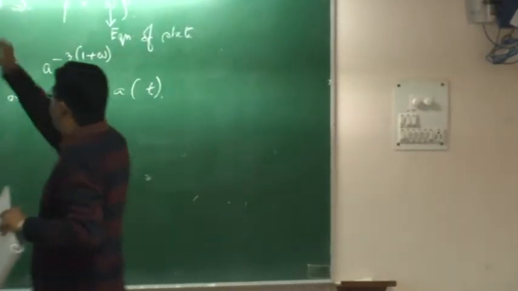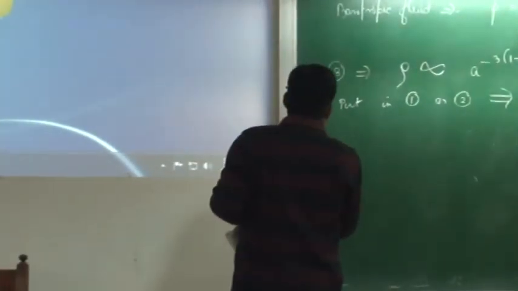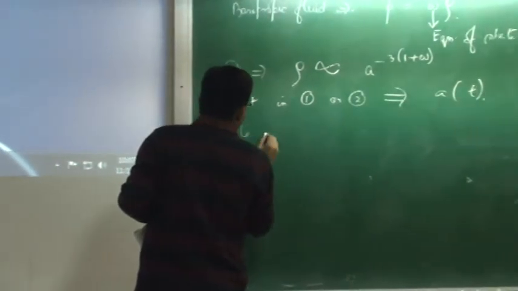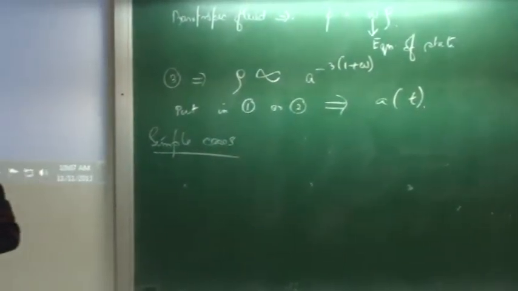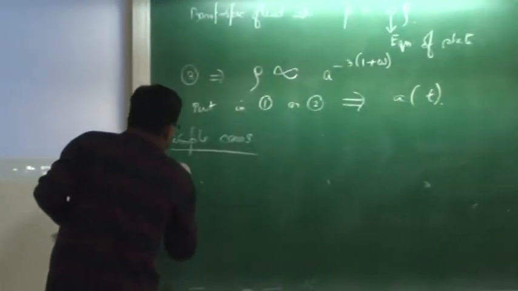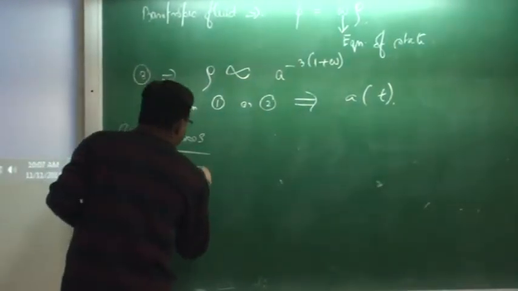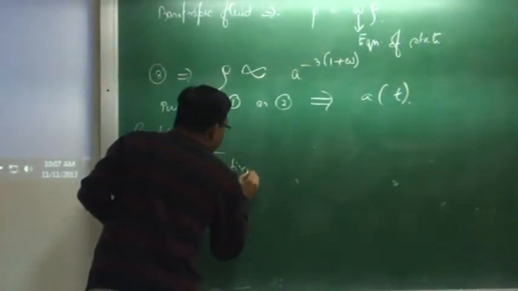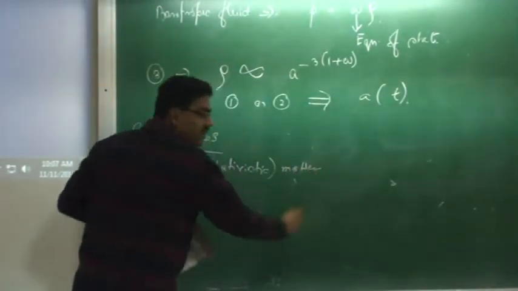So now let us consider some simple examples and calculate for some simple cases. These are very much physically relevant cases. The first case I am trying to discuss is hot, that is relativistic matter, when on the right hand side, for T mu nu, you have relativistic matter alone.